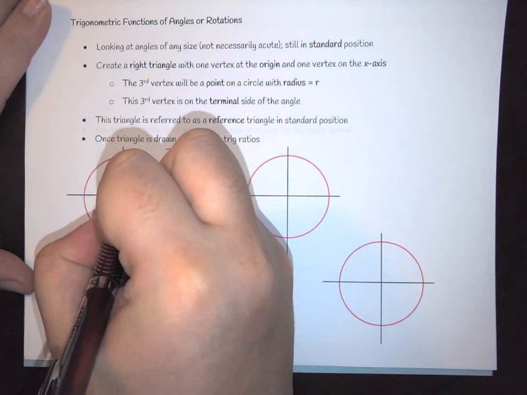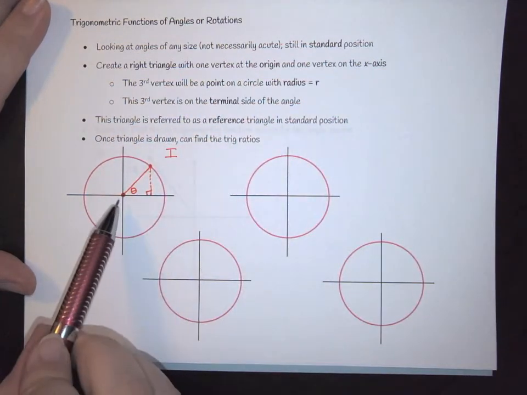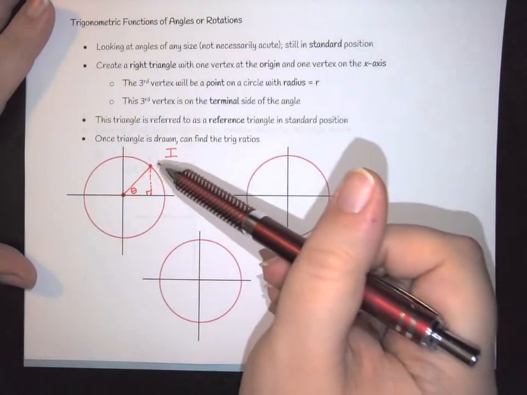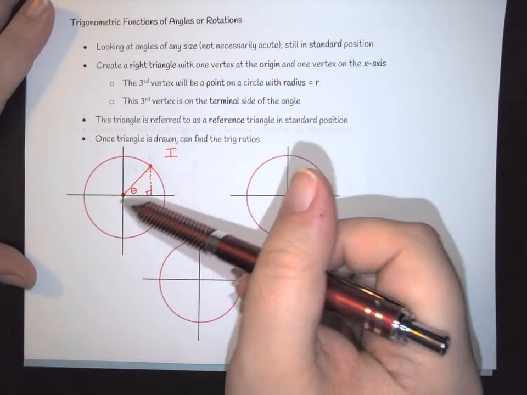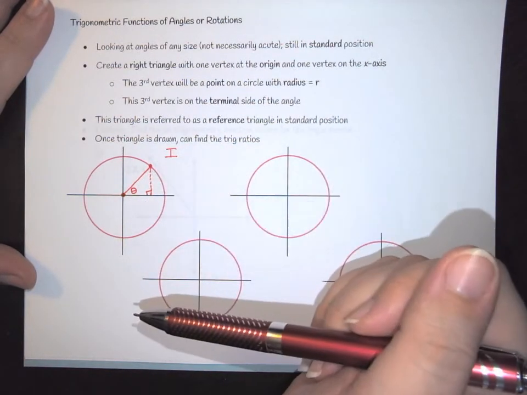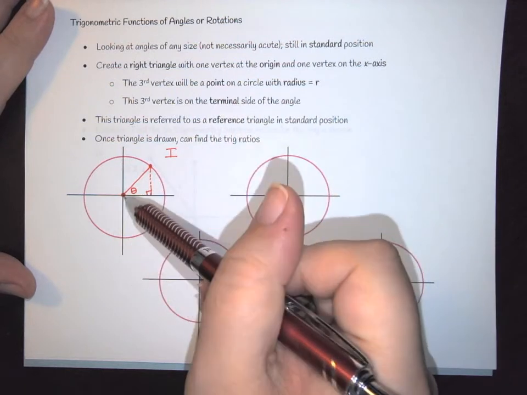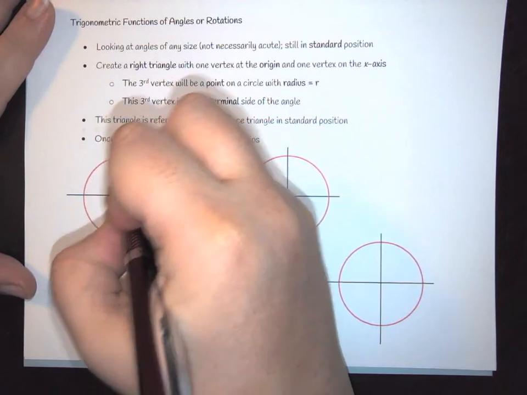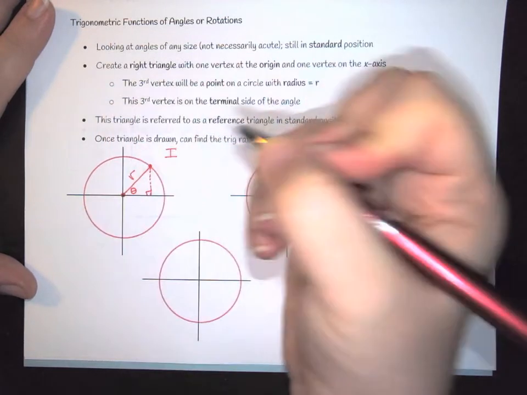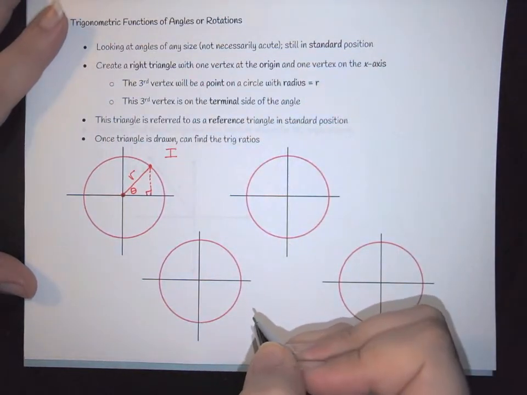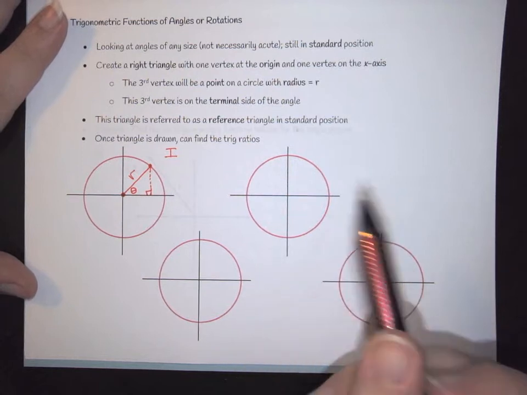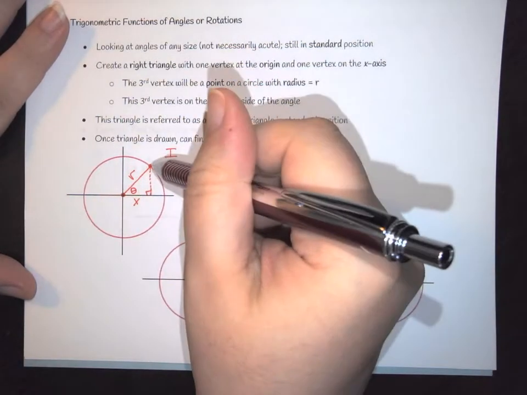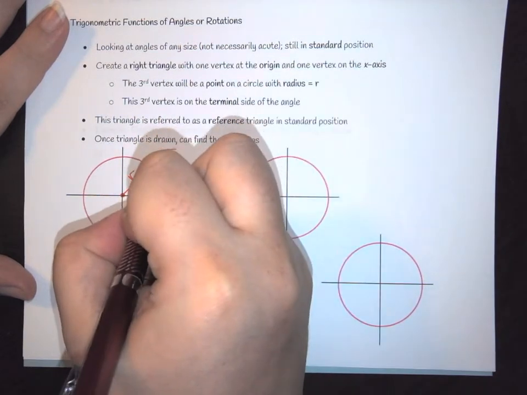Your angle is always going to occur at the angle closest to your origin. However, depending on what your triangle is, you may shift that angle around, but mostly we like to use the one closest to the origin here. So the straight line is going to be your radius, which we always label with an R, and then in terms of your coordinate points, your horizontal is your x-axis and your dotted line here is your y.